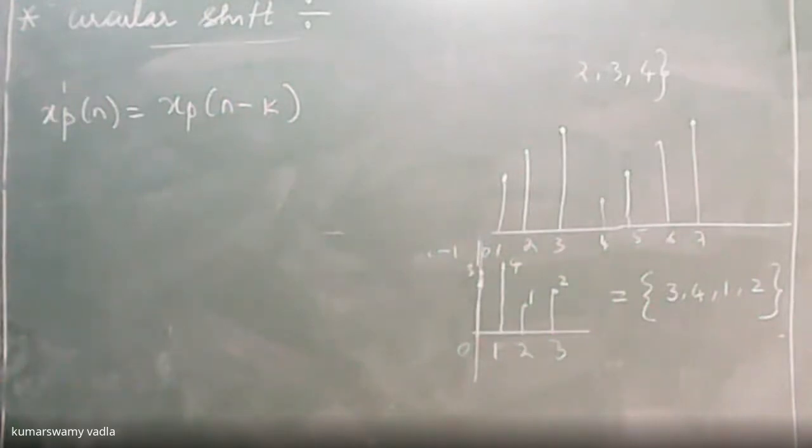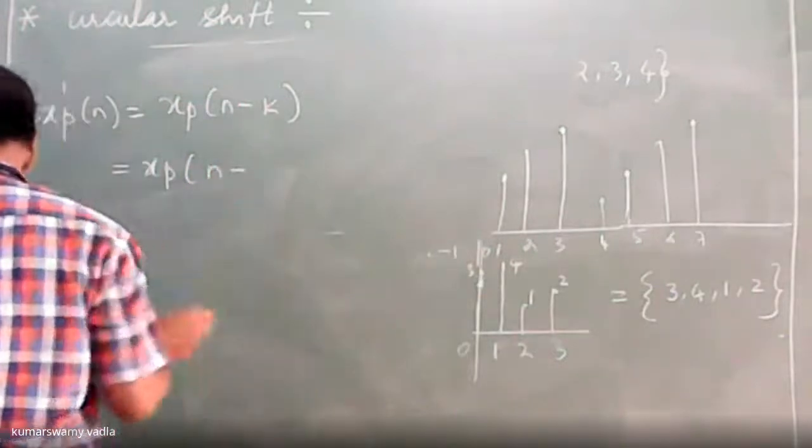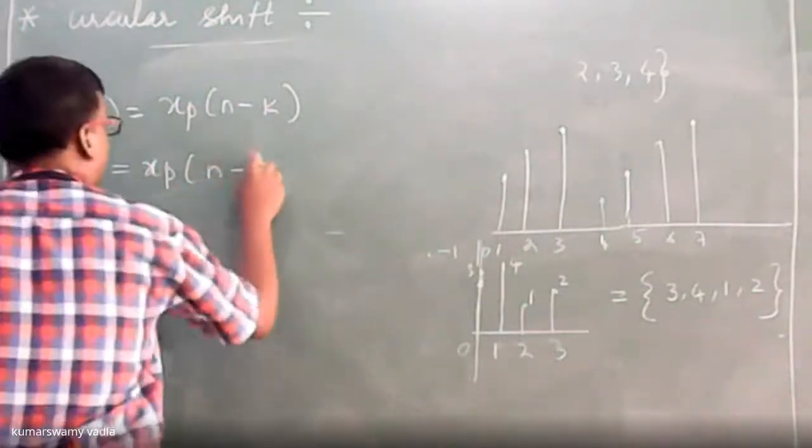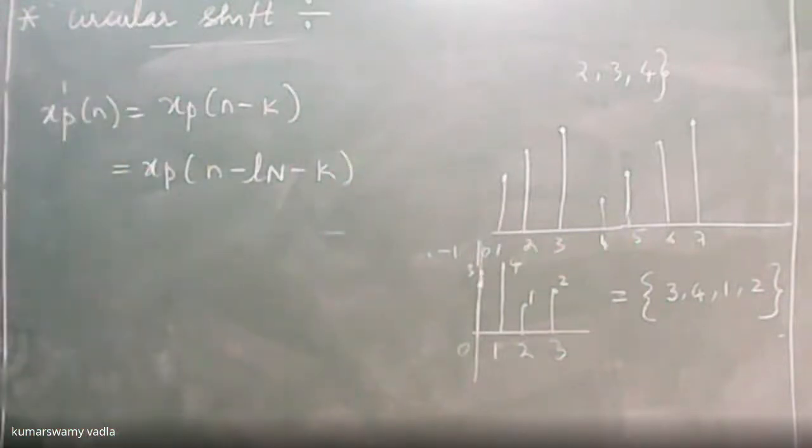Next line, xp dash of n is equal to xp of n minus k, which is equivalent to xp of (n minus k) modulo N.